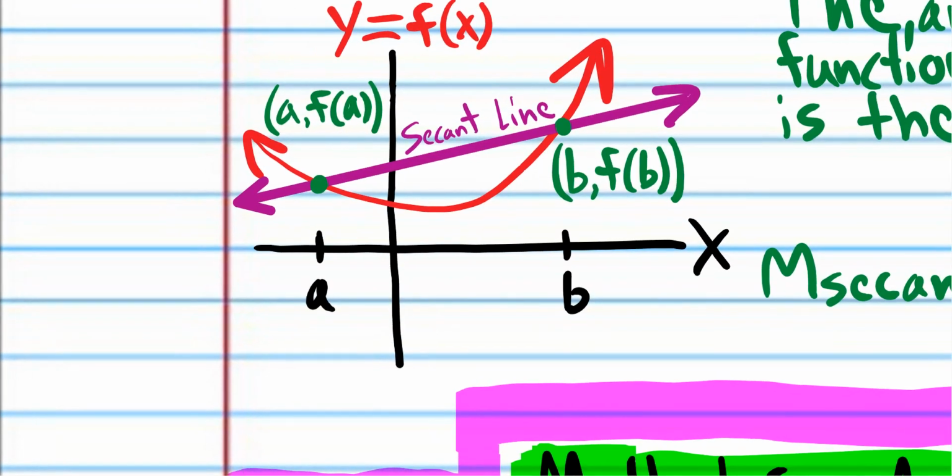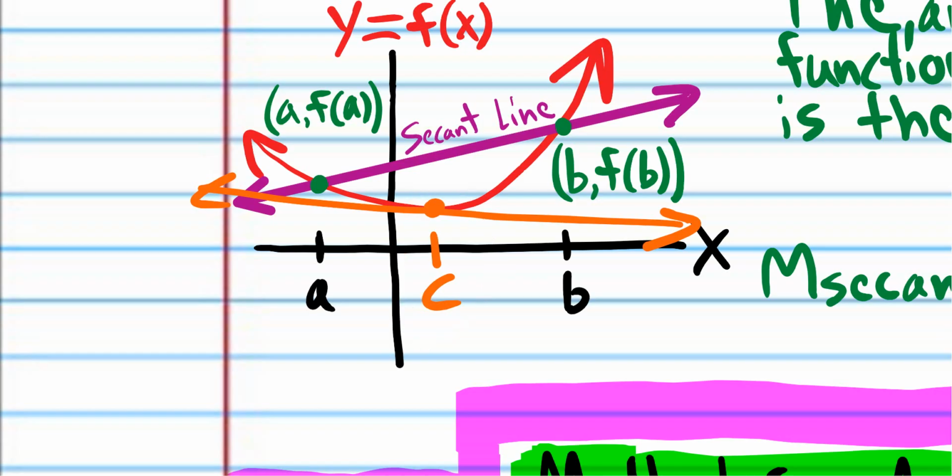Now, if we choose some point with x value c between a and b, and then we find, or let's draw the line that's tangent to the graph at that point. The slope of that orange tangent line is the instantaneous rate of change of the function f of x at x equals c.